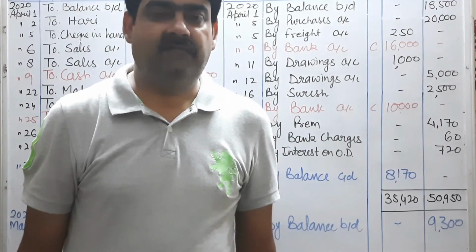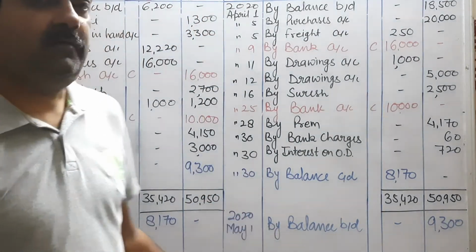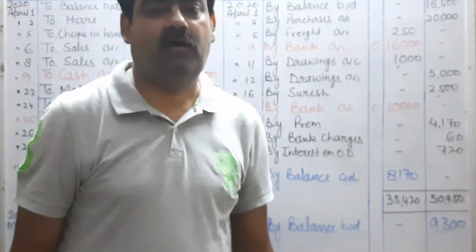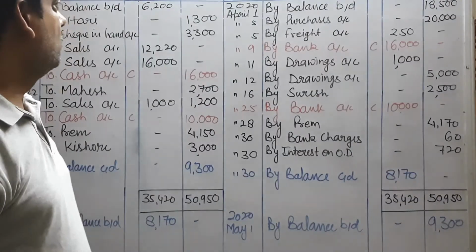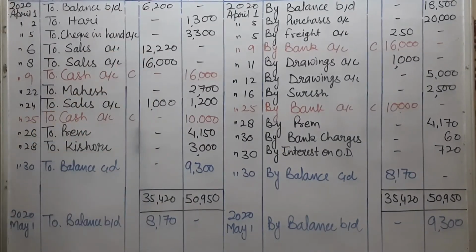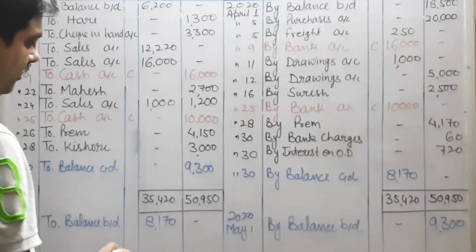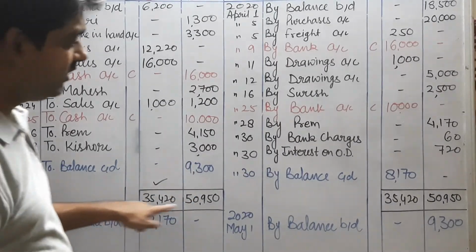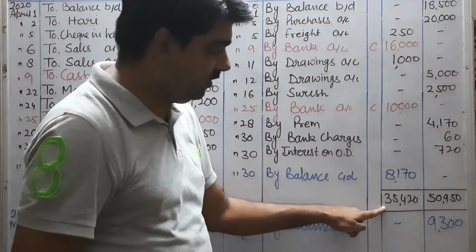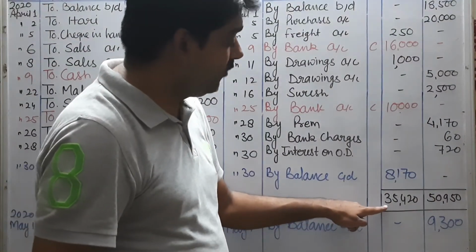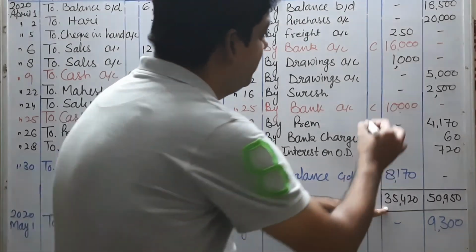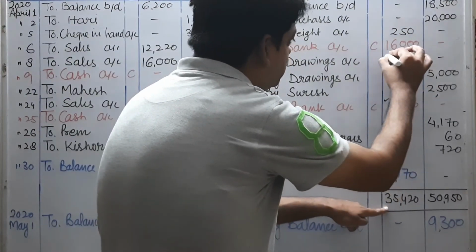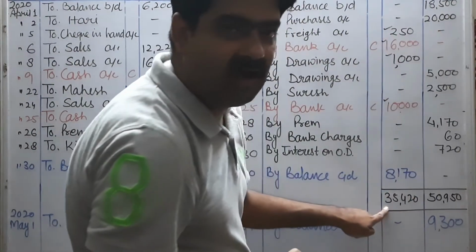See students, after writing all the transactions in cash book, we have to take balance of cash as well as bank. So first of all, we will take total of debit side of cash column, and that will come 35,420. The same total we will write in credit side, 35,420, and from 35,420 we will deduct all these amounts, because these all are payments.